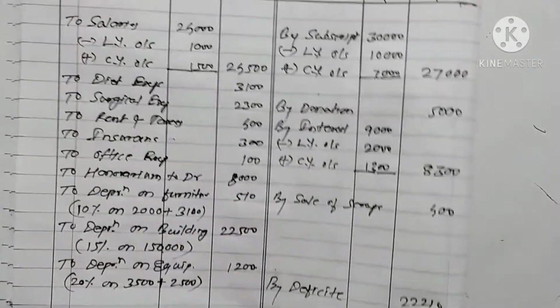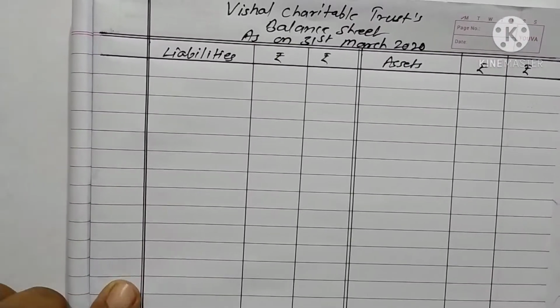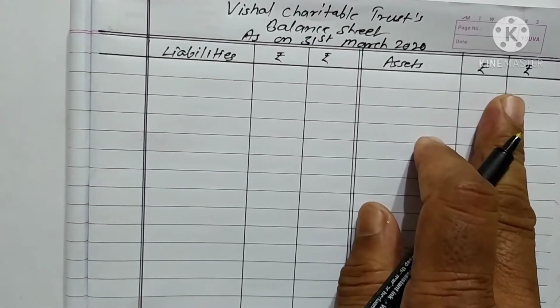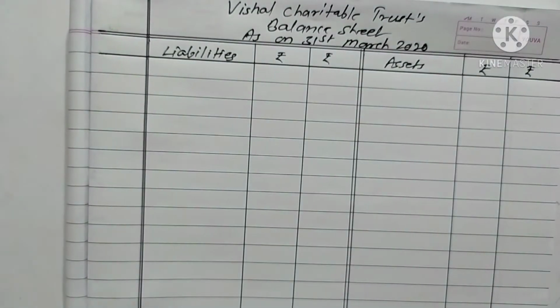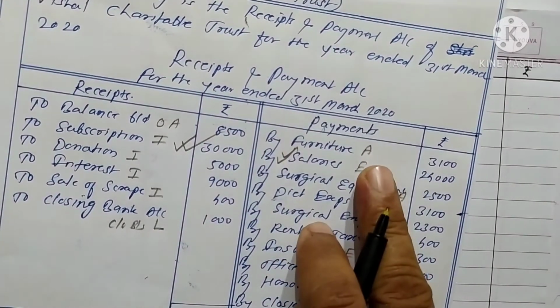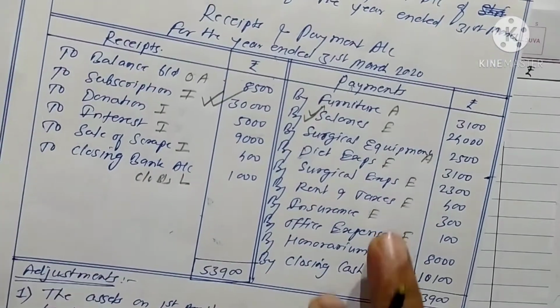Now we go to balance sheet. Balance sheet of the current year. Liabilities rupees, assets rupees. First we try to complete the asset side. Now see, we have to find out the answers. First is the furniture.